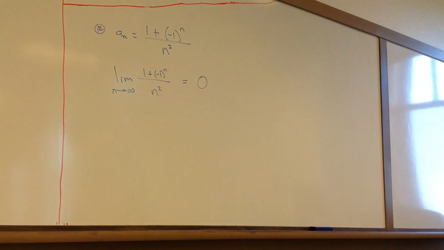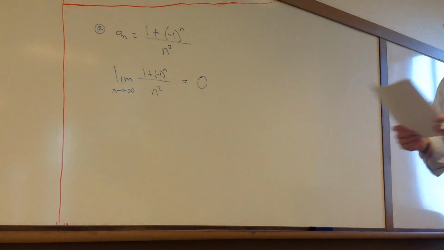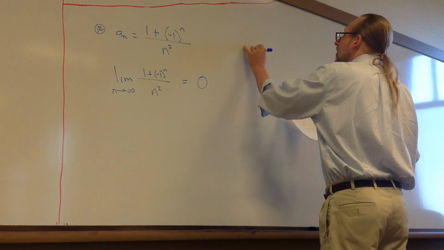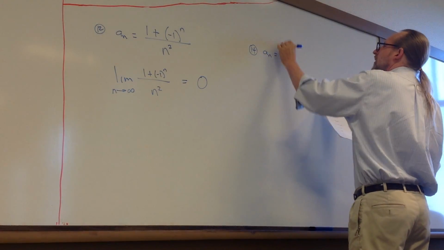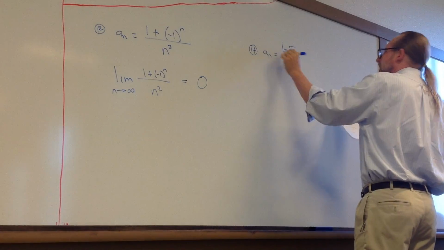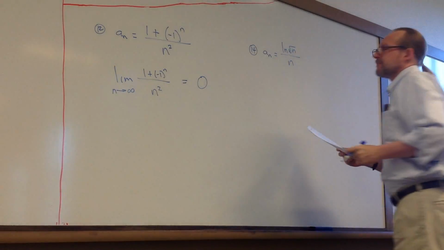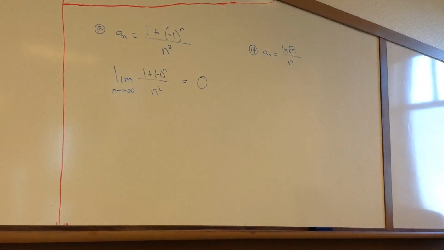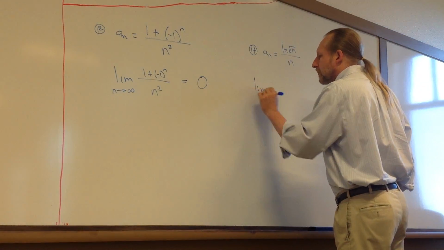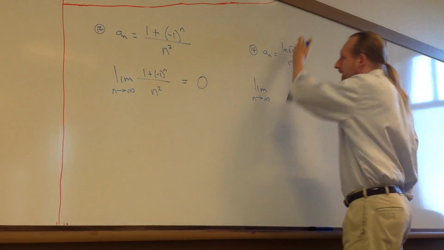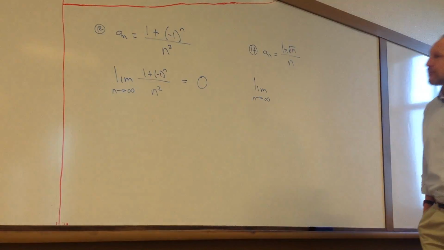All right, let's see here. Problem 14. We've got a sub n is ln of square root n over n. Okay. Well, I think a good way to approach these problems is to analyze what's happening in the numerator versus the denominator.